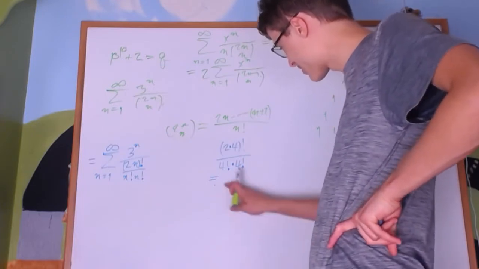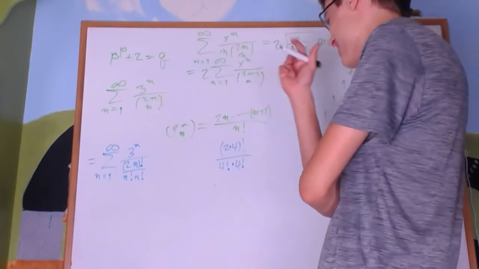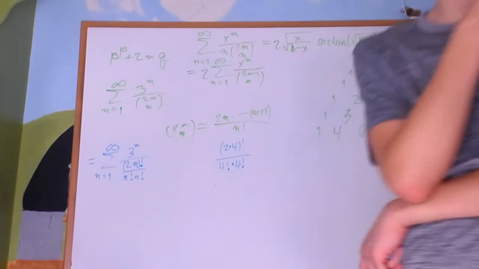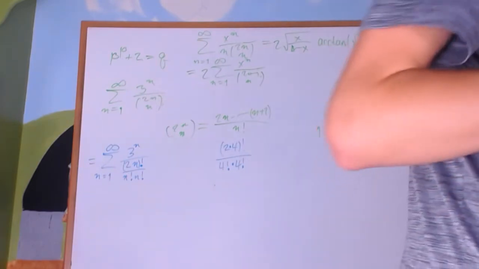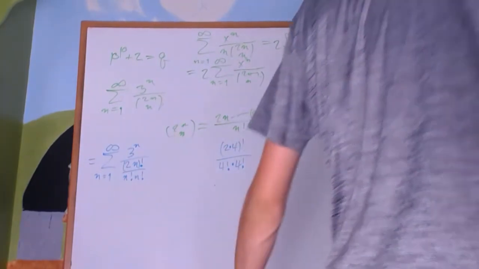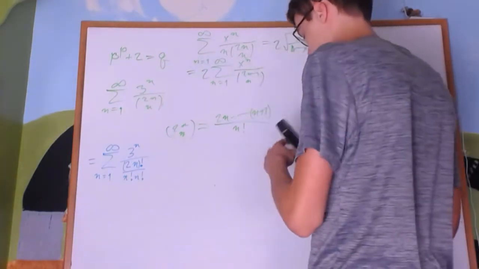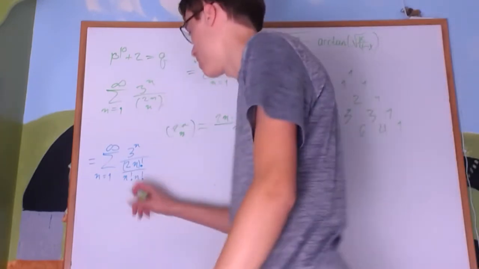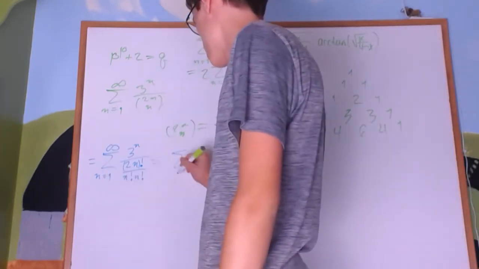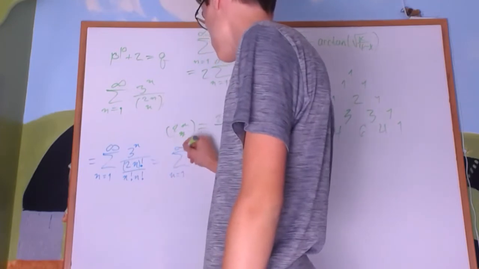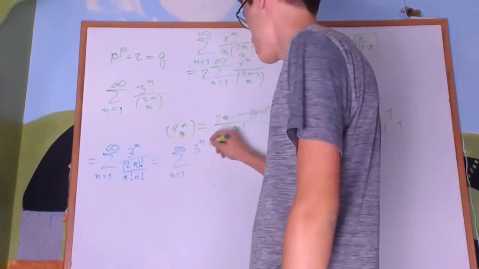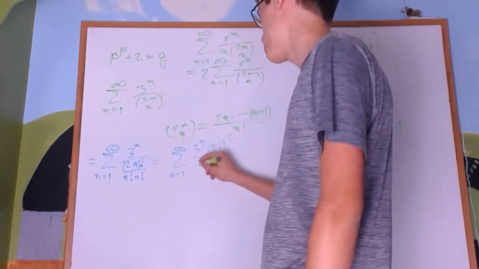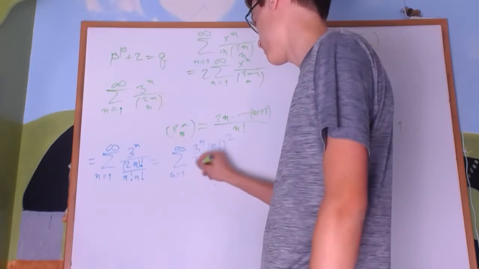I don't know. Why didn't I think that'd work? Yeah, that seems right. Where's my eraser? Okay, sum from n equals 1 to infinity, 3n, n factorial squared over 2n factorial.